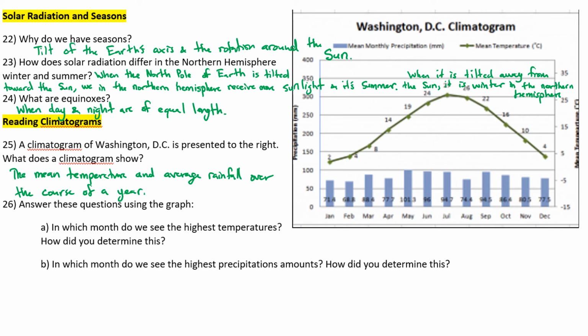Number 26. A. In which month do we see the highest temperature? So this would be July.